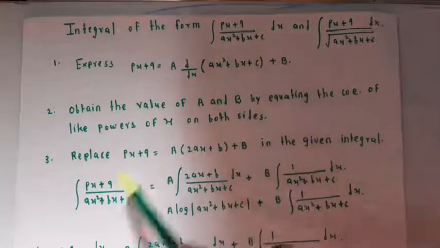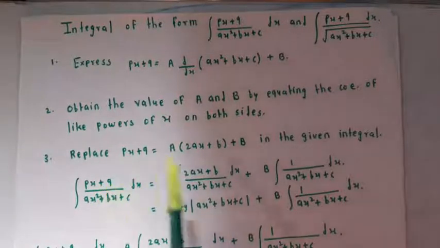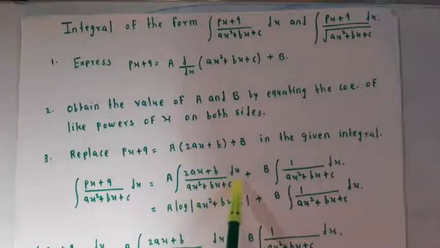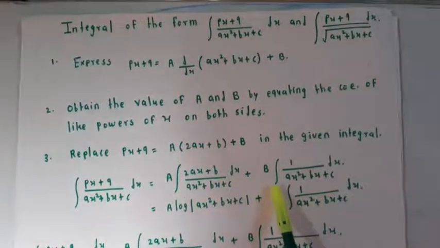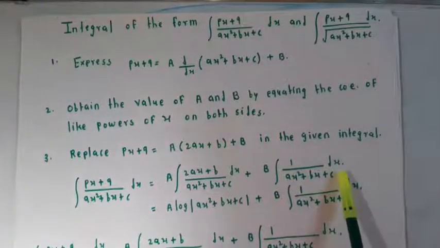Now our integral px plus q upon ax square plus bx plus c with respect to x is equal to a into integration of, instead of this numerator we write the new numerator, 2ax plus b upon ax square plus bx plus c with respect to x, plus b into integration of 1 upon ax square plus bx plus c with respect to x.